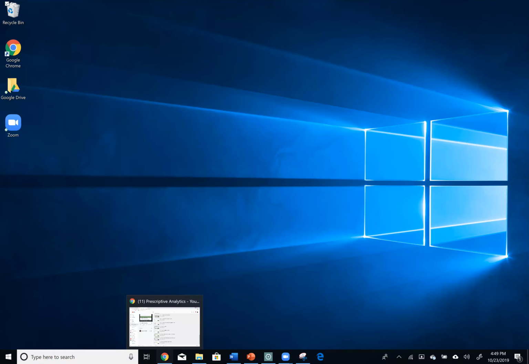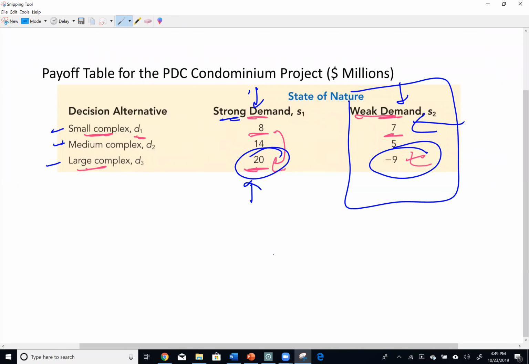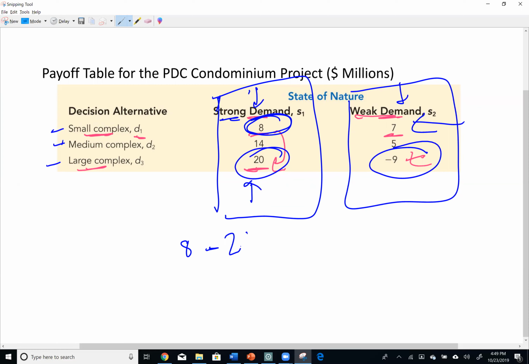So basically what I need to do is look at the strong demand scenarios. And if I choose small, I would make basically $8 million. However, the best I could make in that strong demand scenario would be 20. So I would regret it for $12 million.